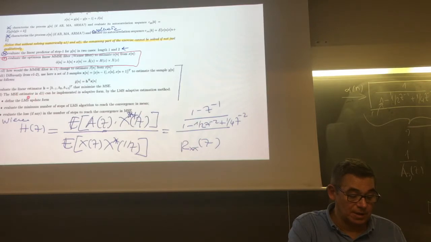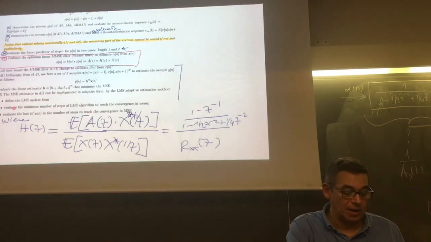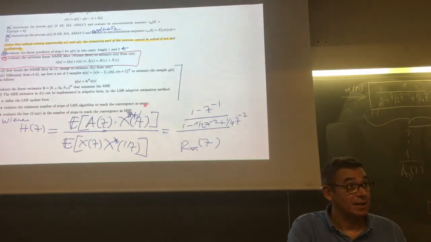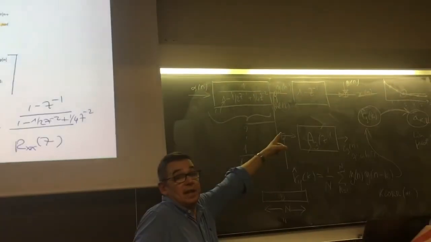Now, the MSE estimator in D1 can be implemented in adaptive form by the LMS adaptive estimation method. Define the LMS update form, which means the formula. Evaluate the minimum number of steps for the LMS algorithm to reach convergence in mean, which is the ratio between lambda max and lambda min of which matrix, since it is D1 of the matrix X. X is those processes at the end.